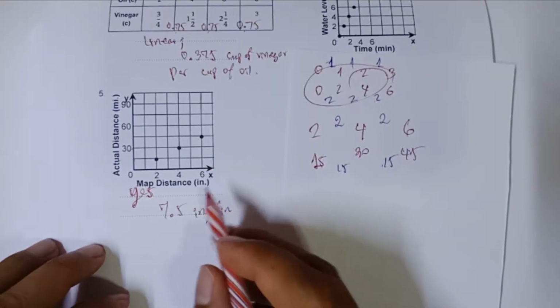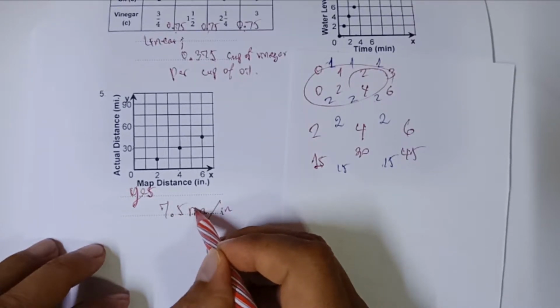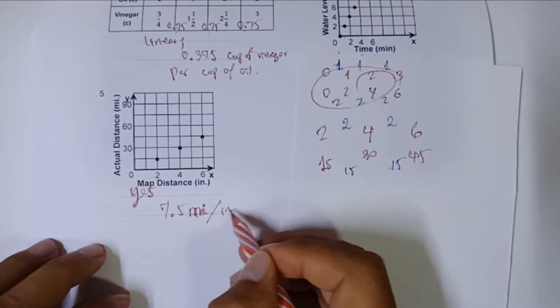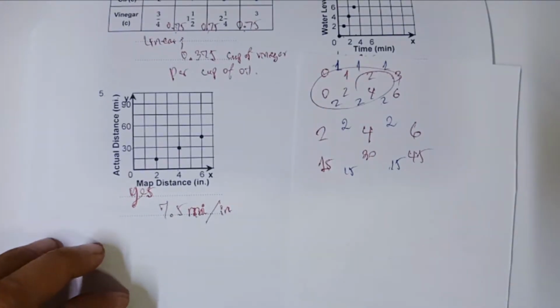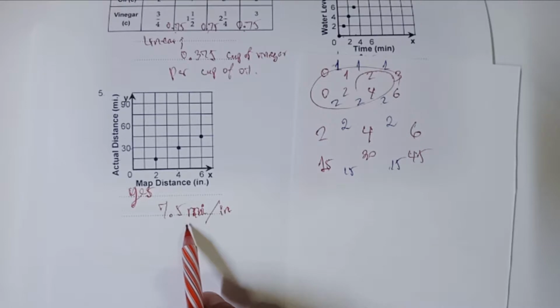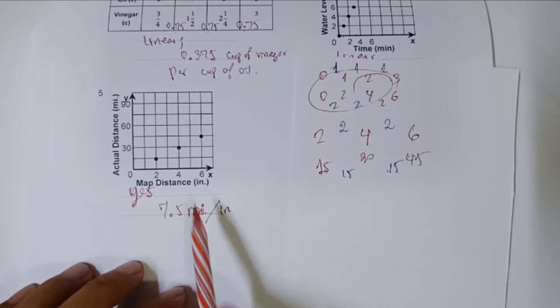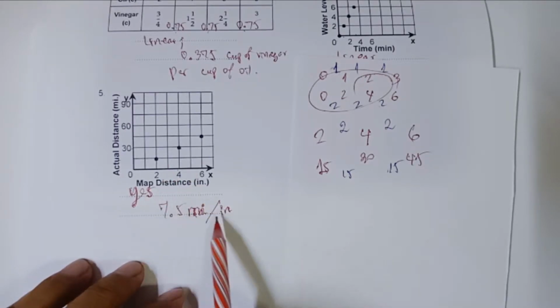So I put 7.5 miles per inch on a map. So every inch on a map represents 7.5 miles. So in case you are confused why a mile is smaller than an inch, in this case we still talk about actual distance and distance on a map.